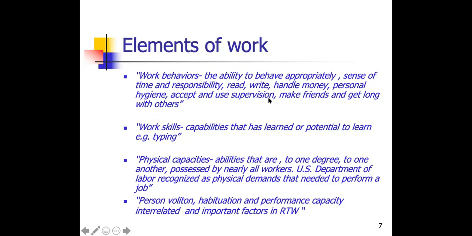When you work, you must make friends. If you cannot have friends at the workplace, you become isolated. Kan? You tak boleh bekerja sama. You tak boleh cooperate. So, for example, autistic adolescents have problems in terms of socialization. They are unable to make friends because they have rigid thinking.